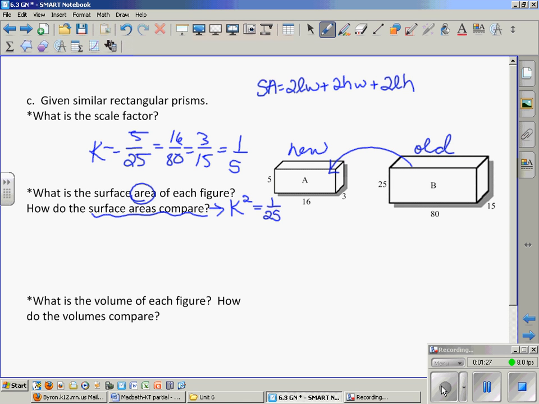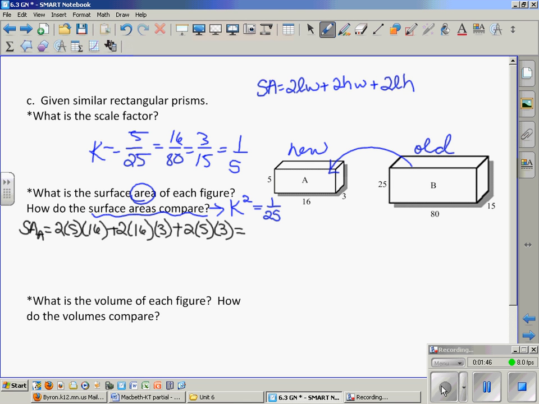If we take a minute and just work these surface areas out, surface area of A is going to be 2 times 5 times 16 plus 2 times 16 times 3 plus 2 times 5 times 3.